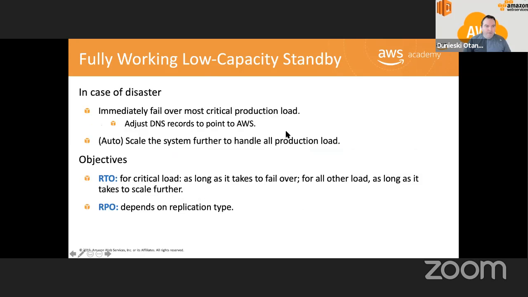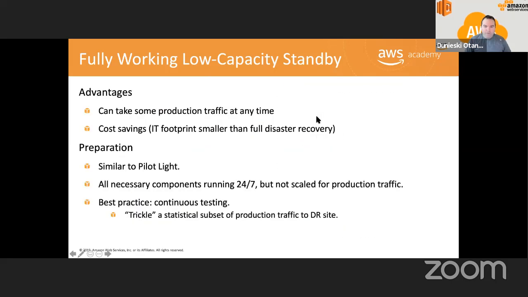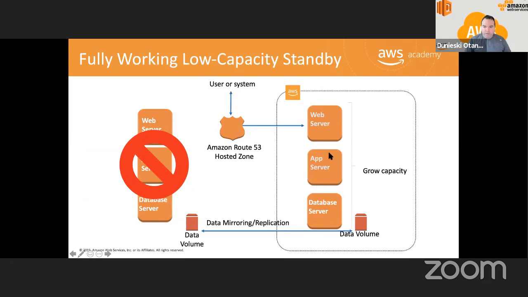Very important. In case of disaster, immediately fail over most critical production load. Adjust the DNS records to point to AWS. Auto scale the system further to handle all production loads. Of course, you have to have auto scaling here. Auto scaling has to work with Route 53. They have to be working here, right? To be able to auto scale. Now, let's say that you have 6 or 9 or 12 servers running here, and then you have 12 here.